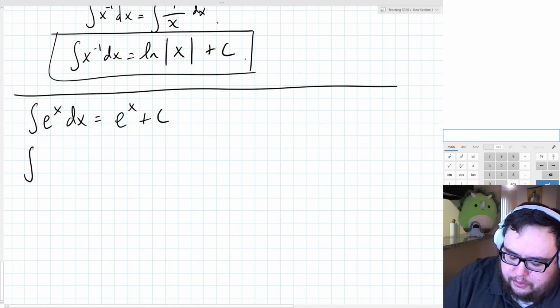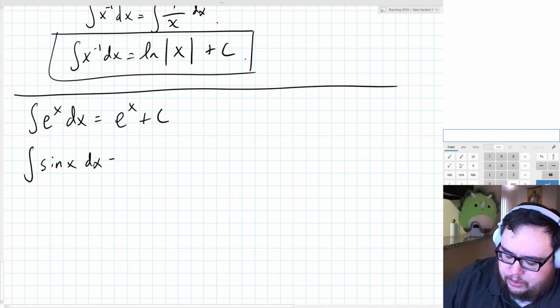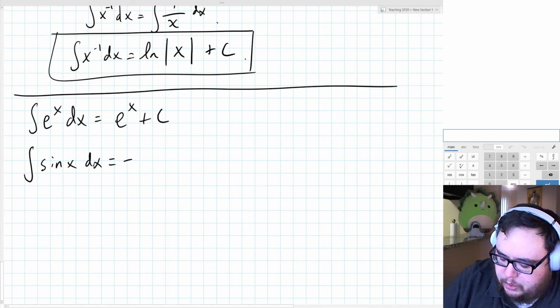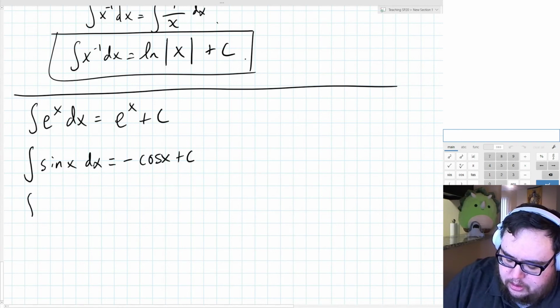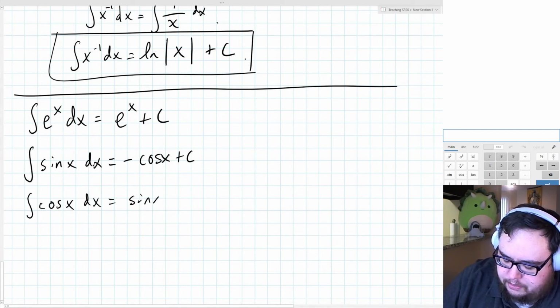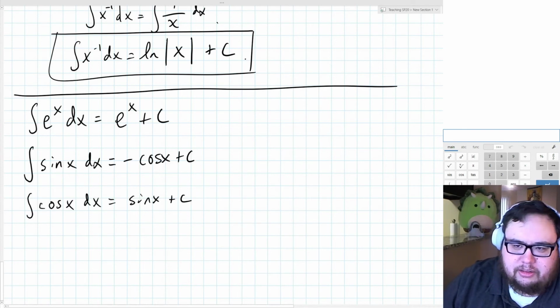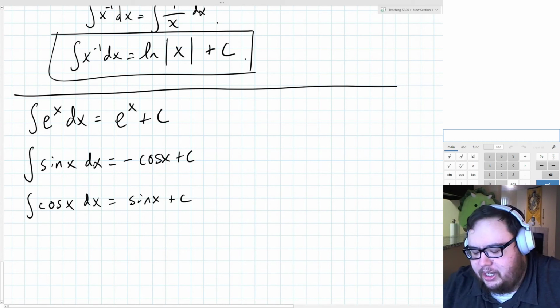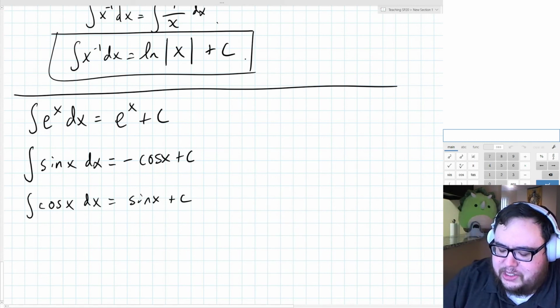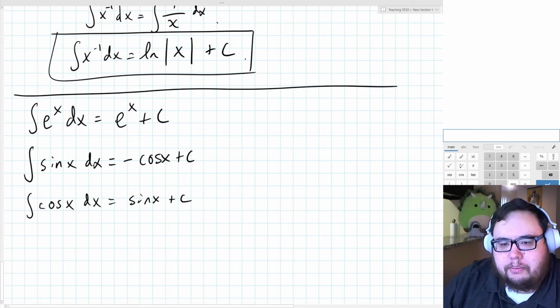The integral of sine of x dx is equal to negative cosine of x plus c. The integral of cosine of x dx is equal to sine of x plus c. So this is a little annoying because it's the opposite: the integral of sine is now the negative one. The integral of cosine is now the positive one.